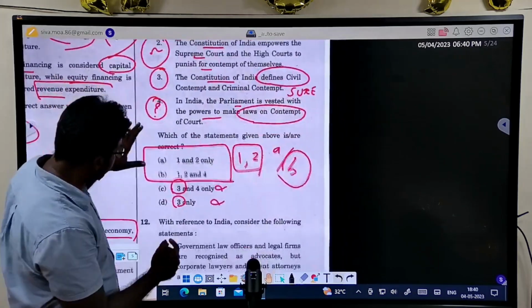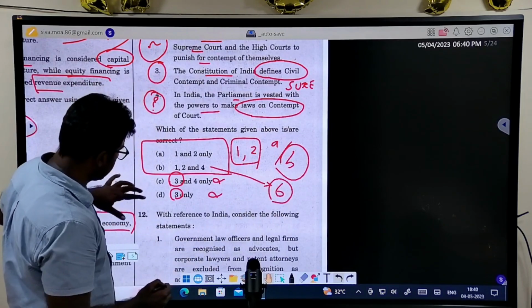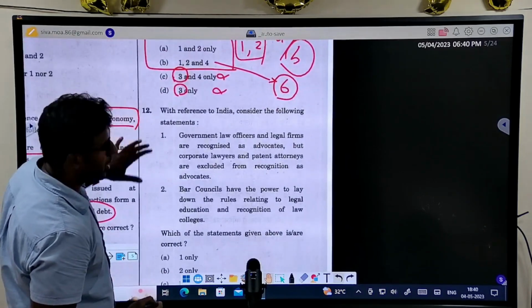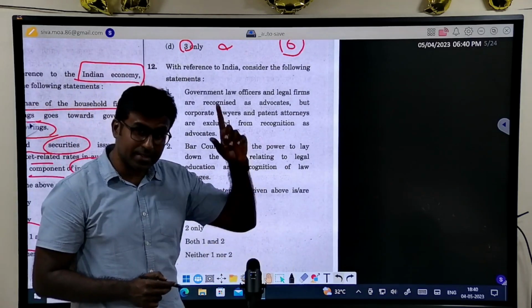So you will have 1, 2 and 4. This is why I said that in UPSC, the answer is in the question paper. Do not look for tricks. The answer is in the question paper.